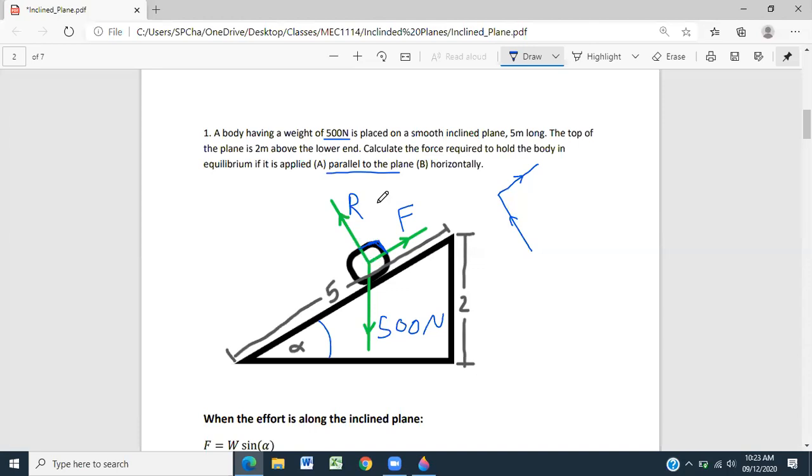Because the three forces make a triangle, W should be this vertical one here, and they go around cyclically like this. Again, nothing new. It shouldn't be unfamiliar to you. So here is the W. Here is F. And here is R.